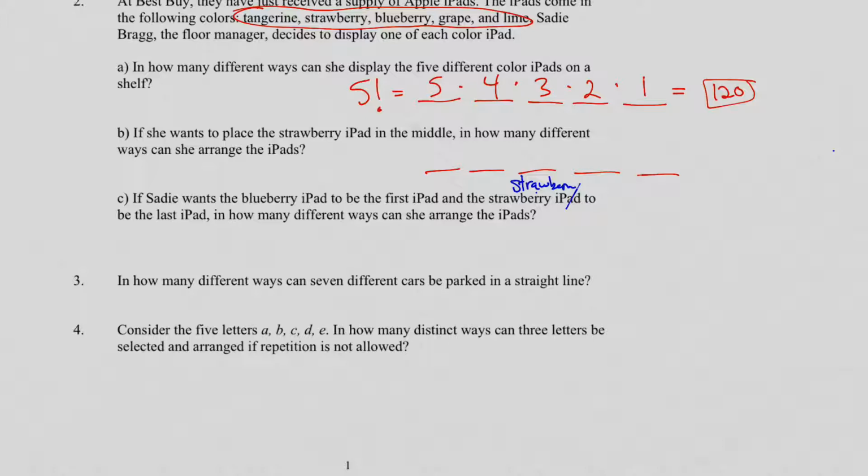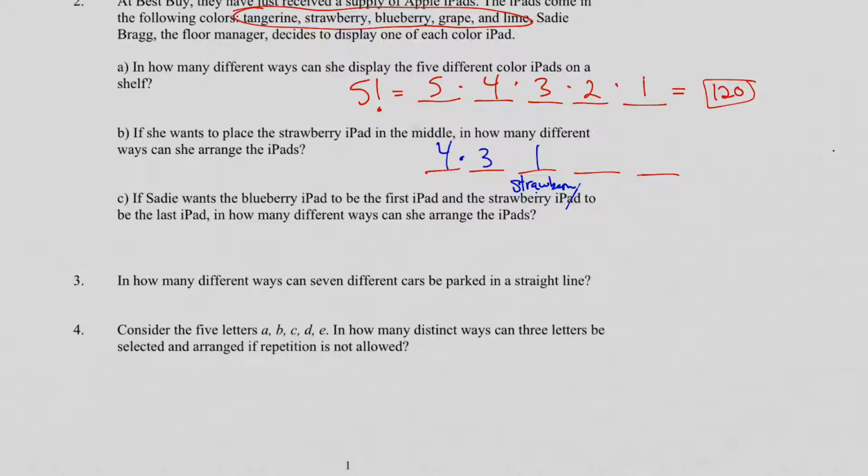She's already made the choice. I want the strawberry in the middle. That's one color in the middle. Strawberry. Everything else, put whatever. Right? So if you were to put the strawberry in the middle, and we go from left to right, then how many does she have to choose from for the first spot? 4.